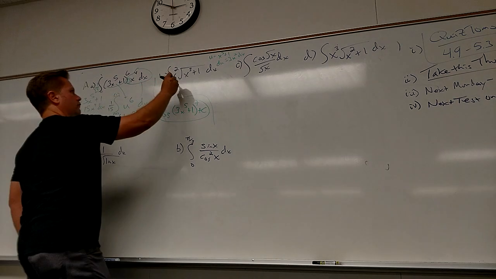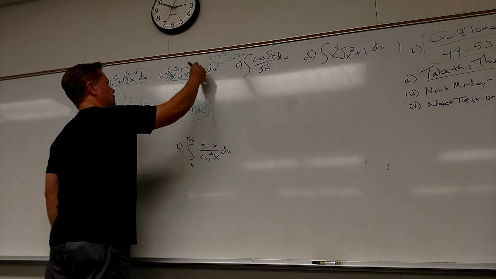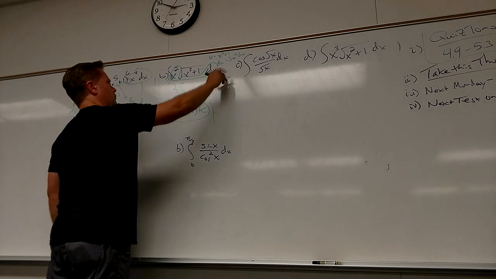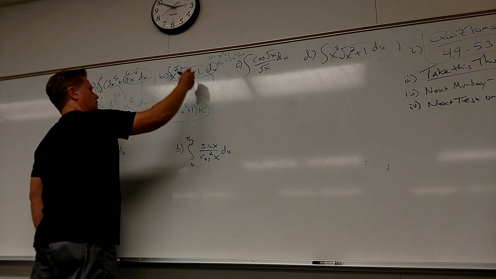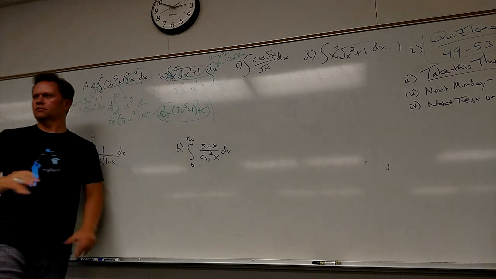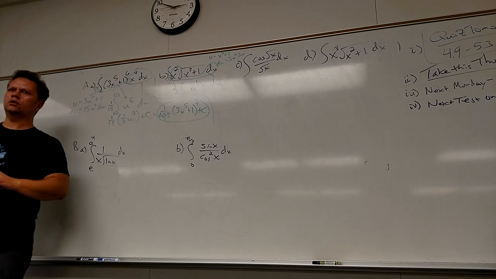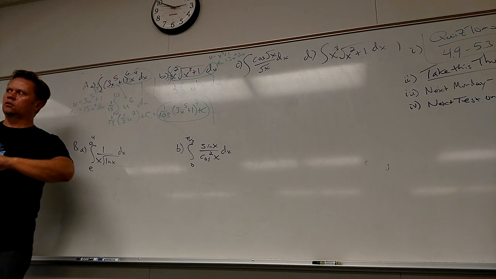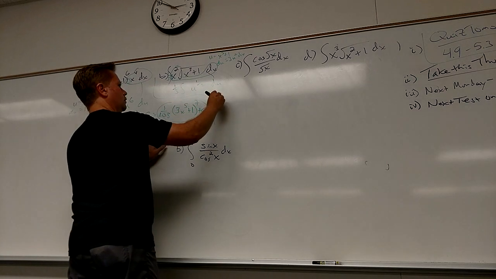So now I can read it: this is 1/3 integral of 3x squared dx, which is du, and this is going to be u to the 1/2. Not too bad at all. You gotta love u-sub. And then I've got a 1/3.